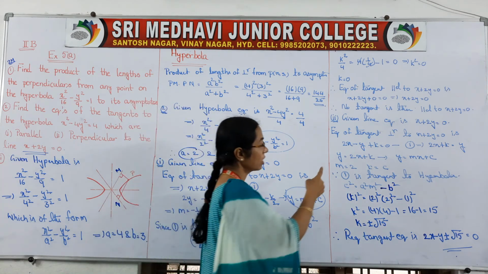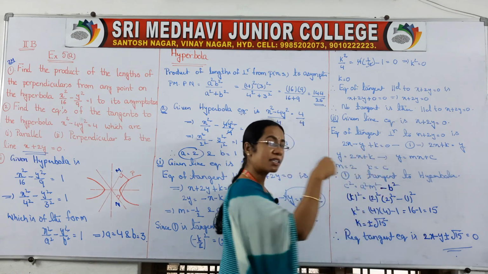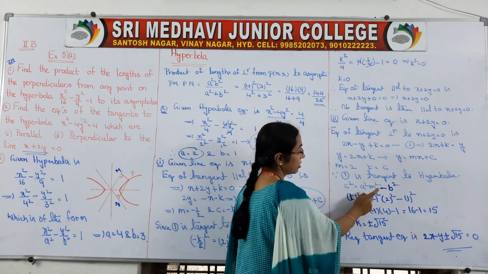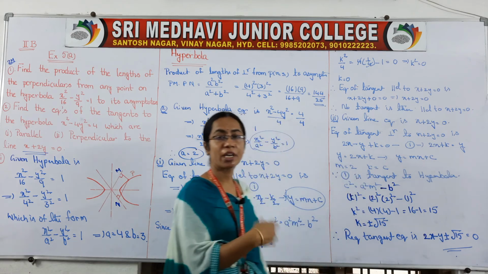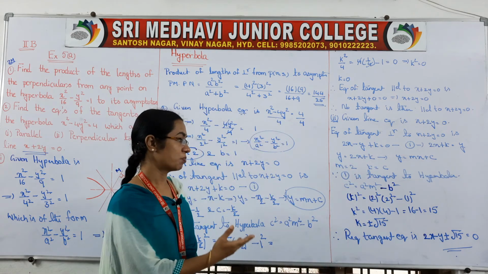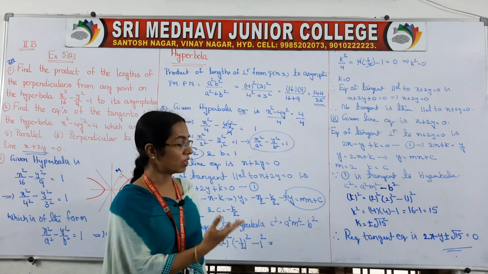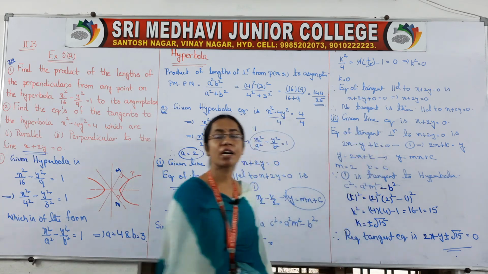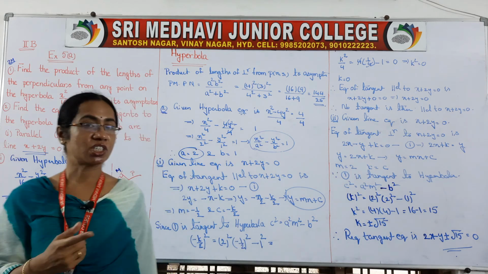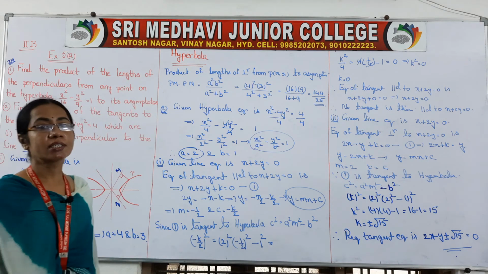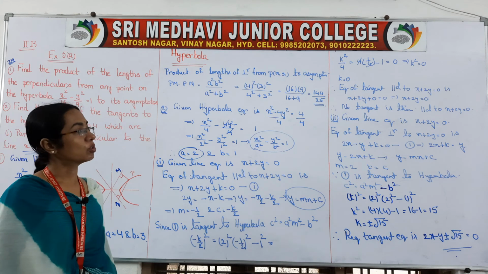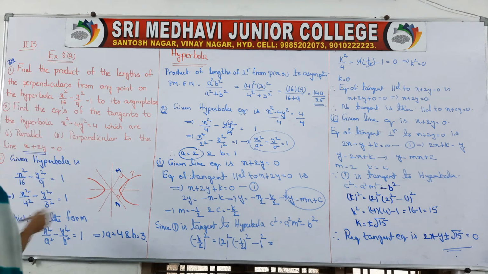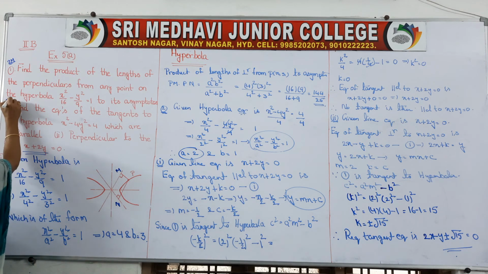Since it is a tangent to the hyperbola, it has to satisfy the condition c square is equal to a square m square minus b square. So, substitute, and you will get your k value. Once we get the k value, substitute in this equation, and that is the required tangent equation which is perpendicular to this line, right. So, these are the two problems, one is a 2 marks problem and the second one is a 4 marks problem.